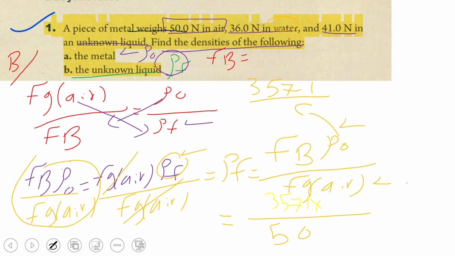Buoyant force equals the weight Fg object in air, which is 50, minus... Guys, but let me write the rule first to understand easily. The rule was what? Fg object in air minus Fg object in fluid. But in this case, because you have to find the density of the unknown liquid, we have to subtract the weight in the unknown liquid.